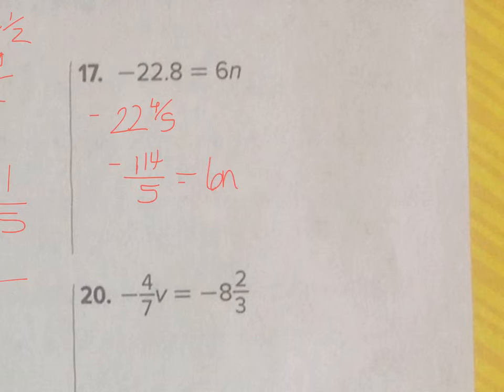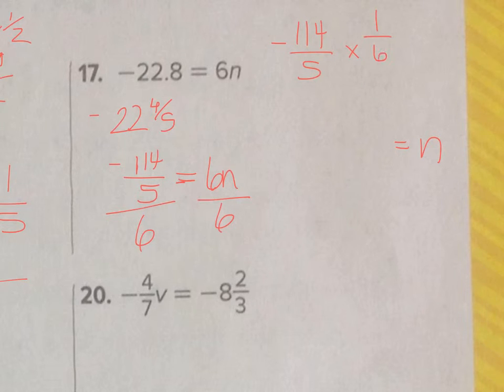And remember, in order to get n by itself, we have to take whatever is in front of it and divide it to both sides. So when we take 6n divided by 6, we're just left with n on the right side. And when we take negative 114 over 5 divided by 6, that's the same as multiplying by 1/6, because 1/6 is the reciprocal of 6 over 1.